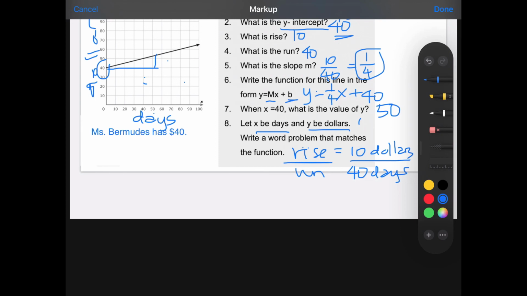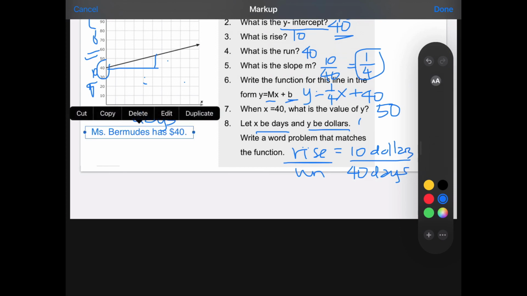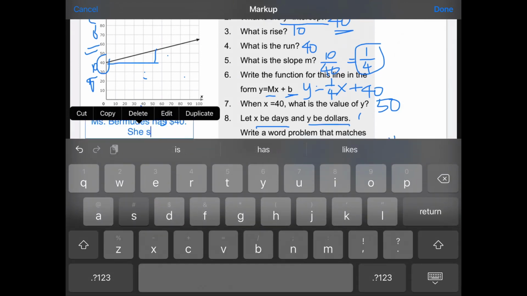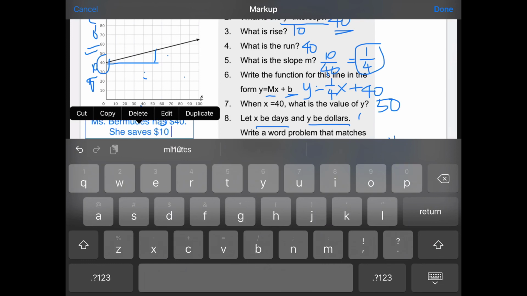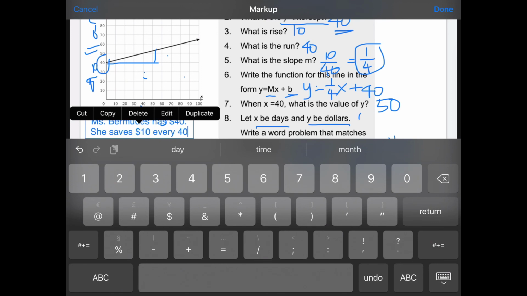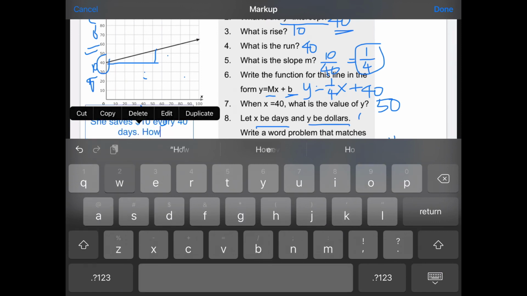So we're going to write a word problem involving money, where Miss Bermuda starts off with $40, and I save $10 every 40 days. So the question is, how much money have I saved up?